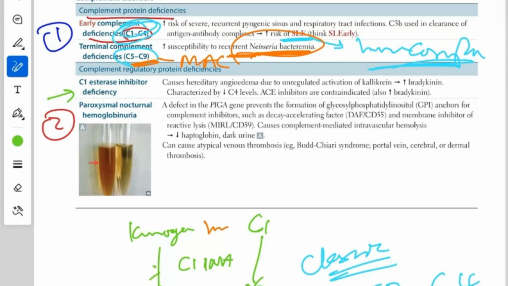So it blocks this and it blocks this. All right. So if you don't have C1 esterase inhibitor, or if it's absent, then bradykinin will accumulate. And bradykinin is a potent vasodilator and increases vascular permeability. That's bradykinin, which will lead to angioedema. All right. That's due to elevated bradykinin.